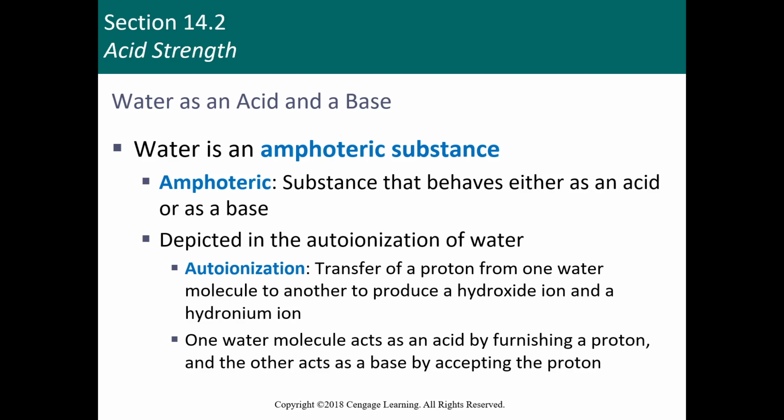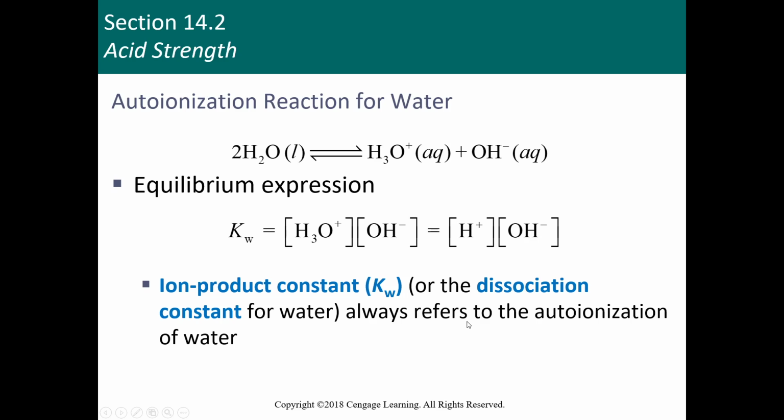And so water will actually autoionize, transfer a proton from one water molecule to the other, which will leave you with a hydroxide ion and a hydronium ion floating around in the water. And so even water just sitting around, there's a little bit of acidity, there's a little bit of basicity. One water molecule, of course, will act as an acid, one will act as a base.